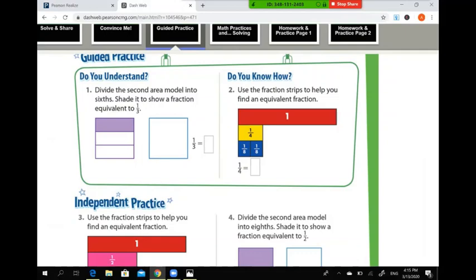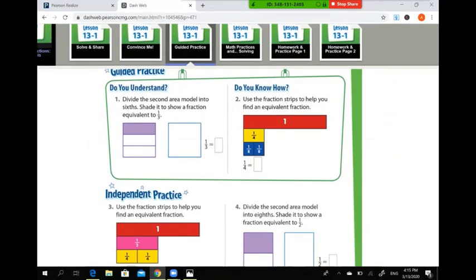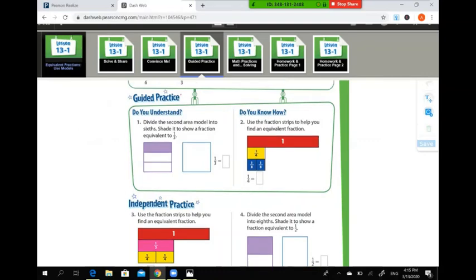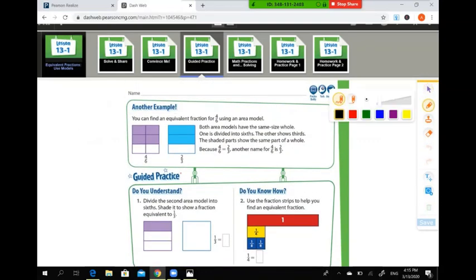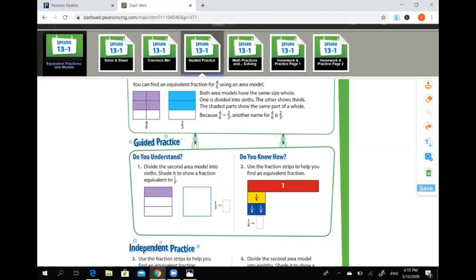Okay, 1/4 is equal to 1/8 plus 1/8. So it's equal to 2/8.